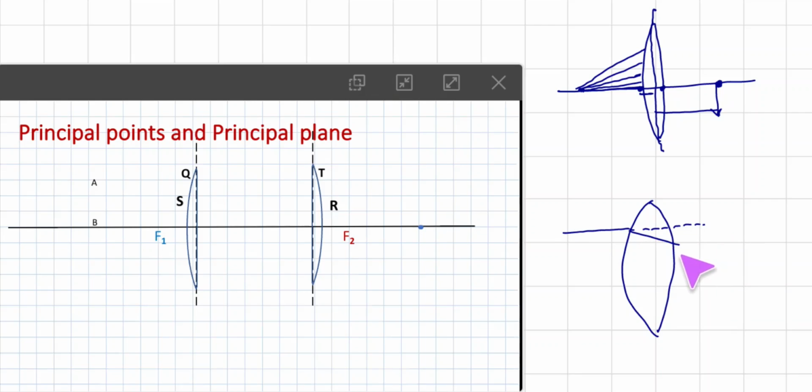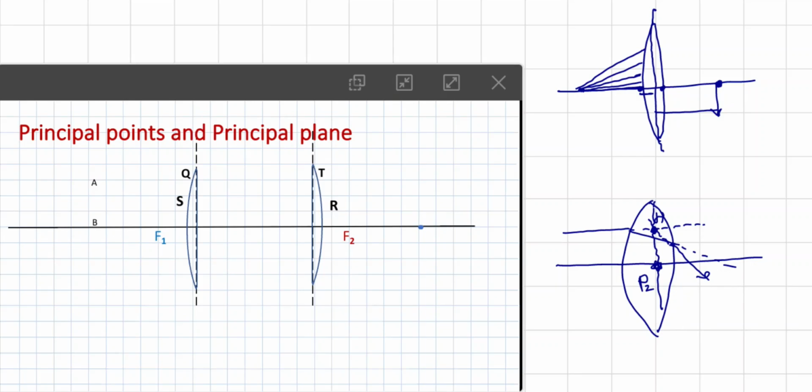Once it reaches here, instead of going straight, it again refracts. Whenever we trace this line back, the point of intersection gives us the point H, and this is the optical axis. If we draw a line and this line cuts the optical axis, that is the principal point P2.